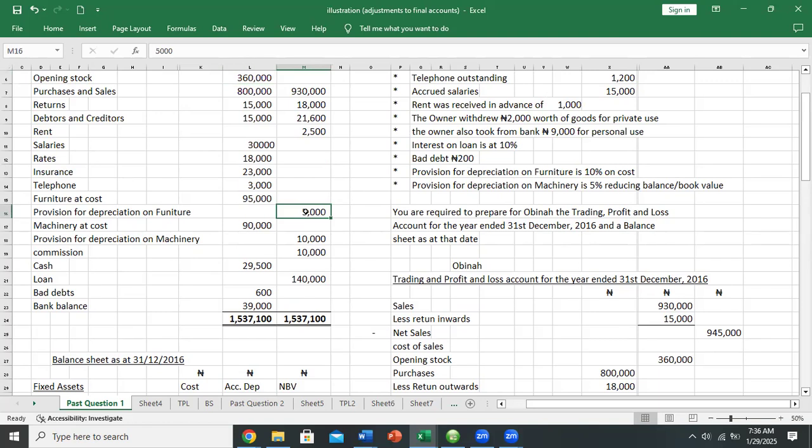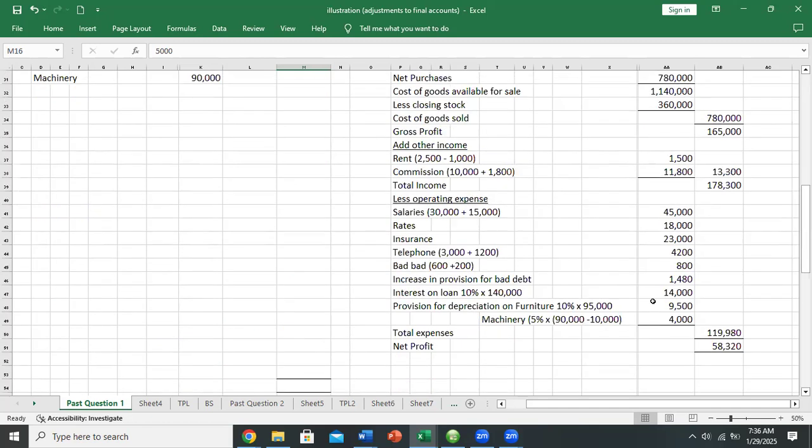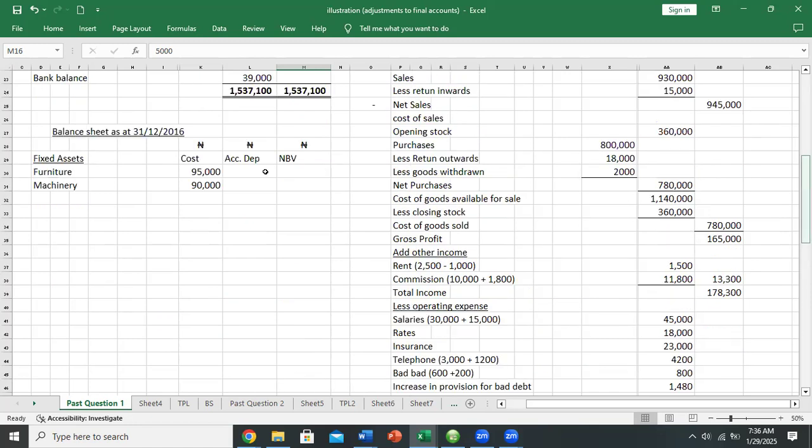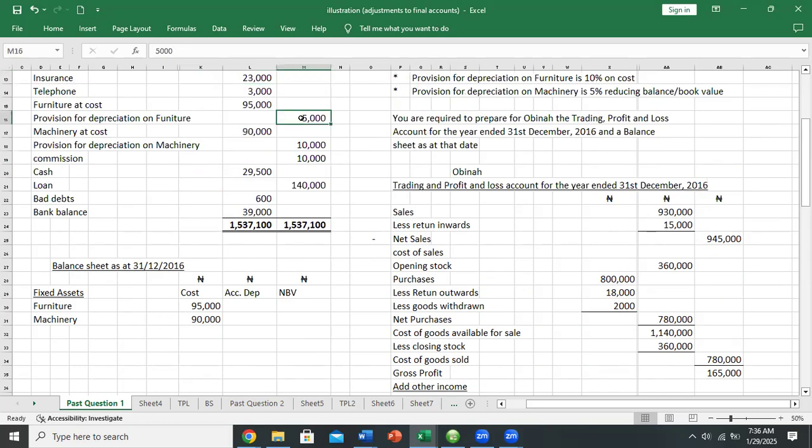Pick this figure and then come to your profit and loss account and pick the depreciation you have also charged on that asset. So the accumulated depreciation in the balance sheet is looking at what was already there in the trial balance plus the new one you have calculated in the current year. So for furniture, we had 5,000 provision for depreciation. Here it is. Okay.